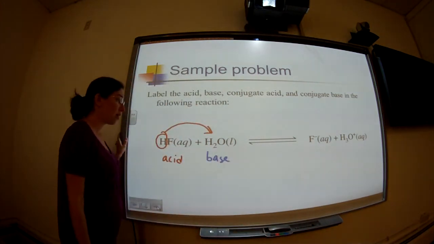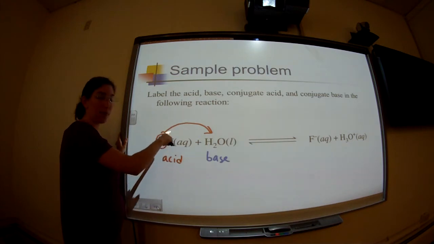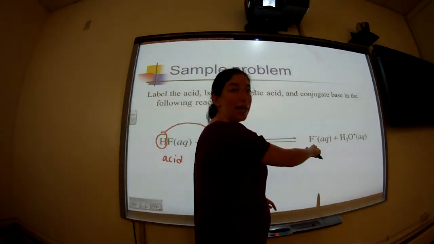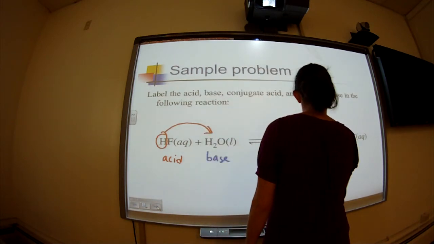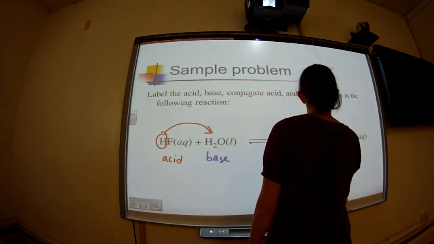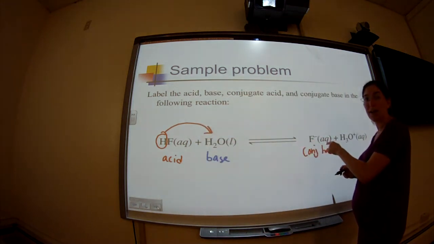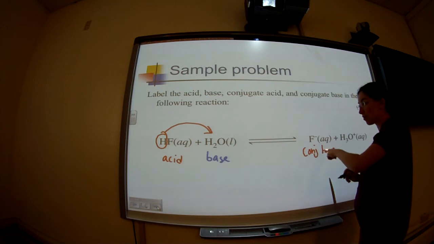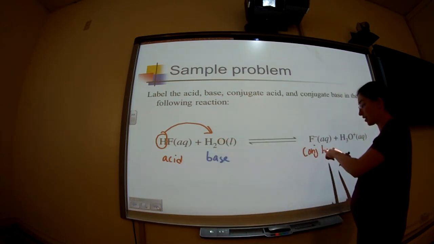So the hydrofluoric acid donated a proton to become the fluoride ion. So now it is the conjugate base. The acid becomes the conjugate base because in the reverse reaction it is now going to accept a proton. That's why it's the conjugate base.